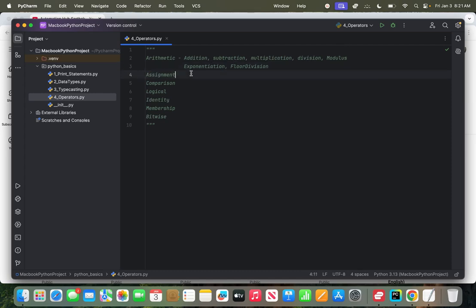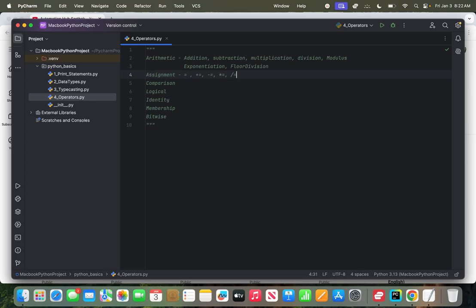Similarly, assignment operators, typically you also have the same thing. You have your equals to, then plus equals to, then minus equals to, then multiply equals to, then division equals to.